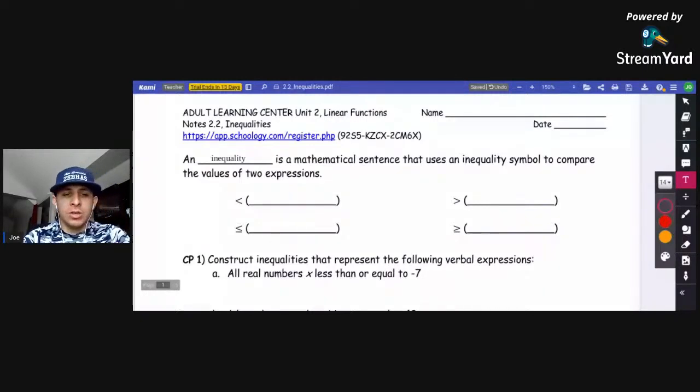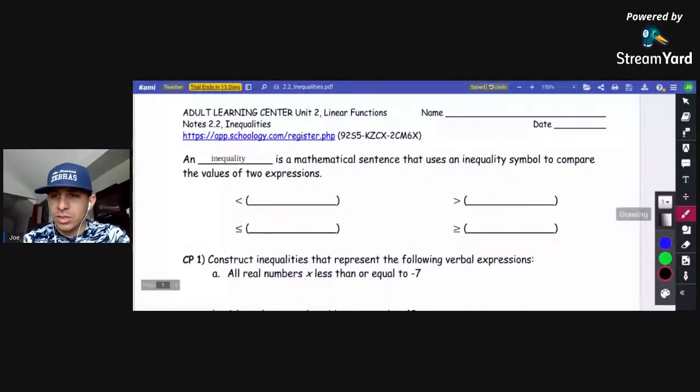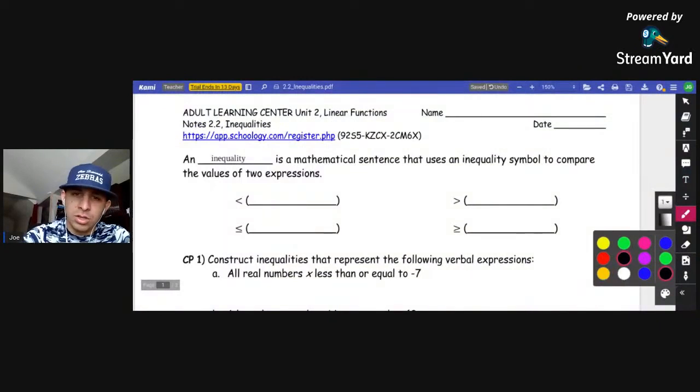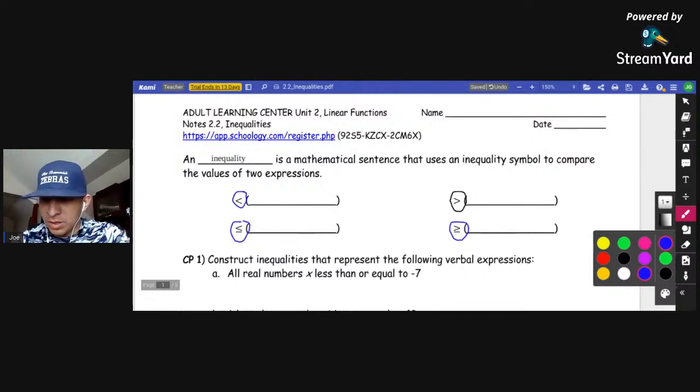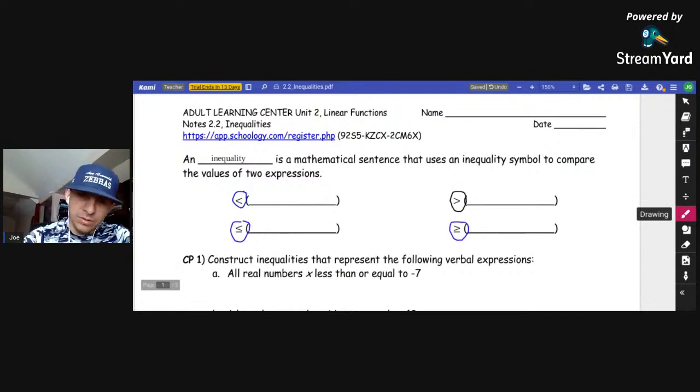In an inequality, we are going to see the use of these four symbols. At first glance, it becomes almost like memorization. I have a little trick or tip, right?